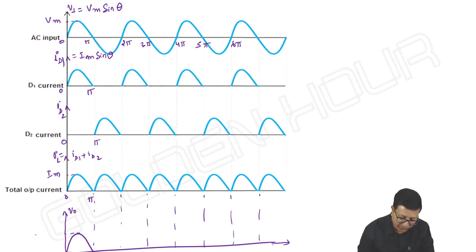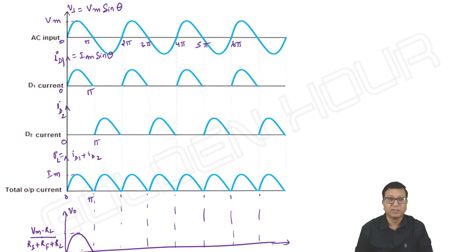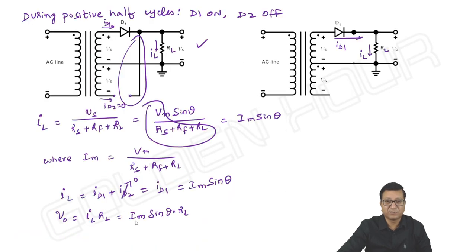Im into RL, where Im is equal to Vm by Rs plus Rf plus RL, multiplied with RL. That is the peak amplitude. So Vs peak amplitude is Vm, and V output peak amplitude is Vm into RL by Rs plus Rf plus RL. So this is similar to what we studied in the half wave rectifier. Okay, done.